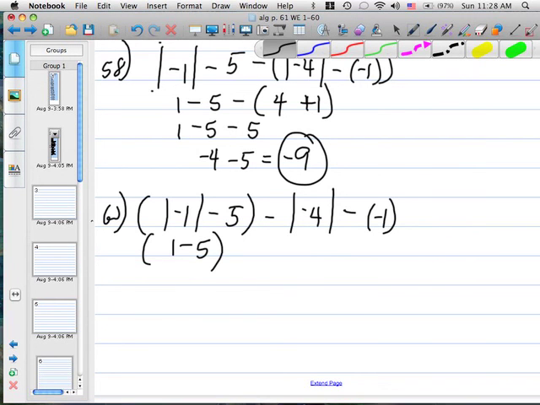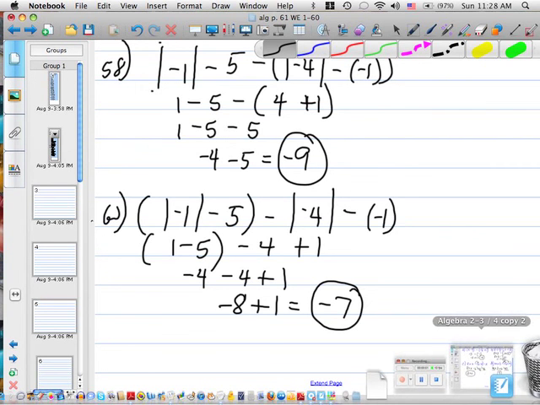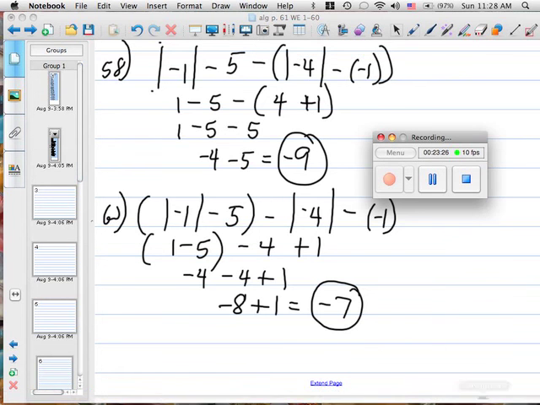The absolute value of negative 4 is 4, minus the negative 1 is plus 1. So we have 1 minus 5 minus, add this up inside, grouping symbol is 5. Going from left to right, 1 minus 5 is negative 4. Minus 5 equals negative 9. Or you could have added the two negatives, you have 1 minus 10.